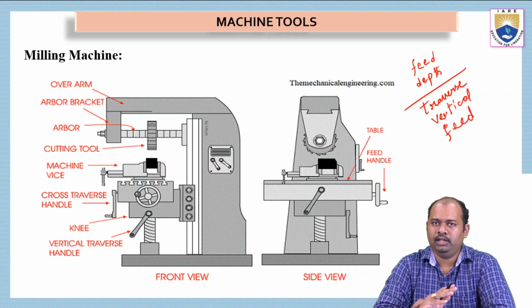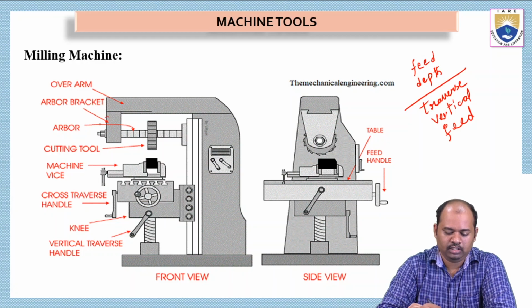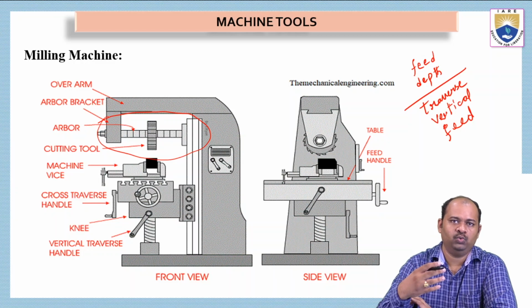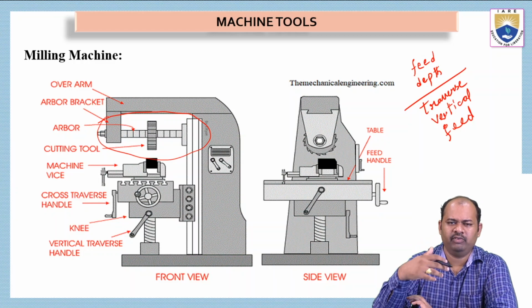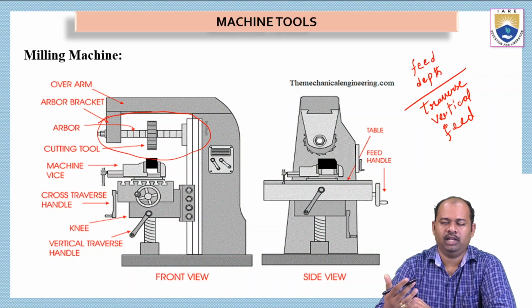Unlike a lathe machine, here the cutting tool will be rotating. See here, this is the spindle, and on the spindle we have a cutting tool which is rotating at a very high speed, because we have connected this spindle to the electric motor, which is rotating through the help of a belt.